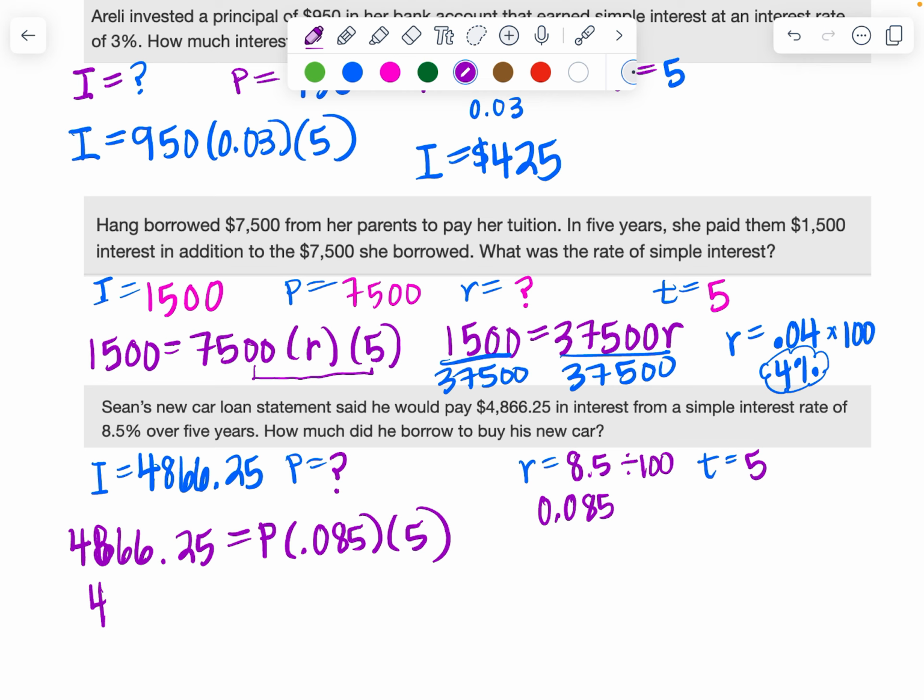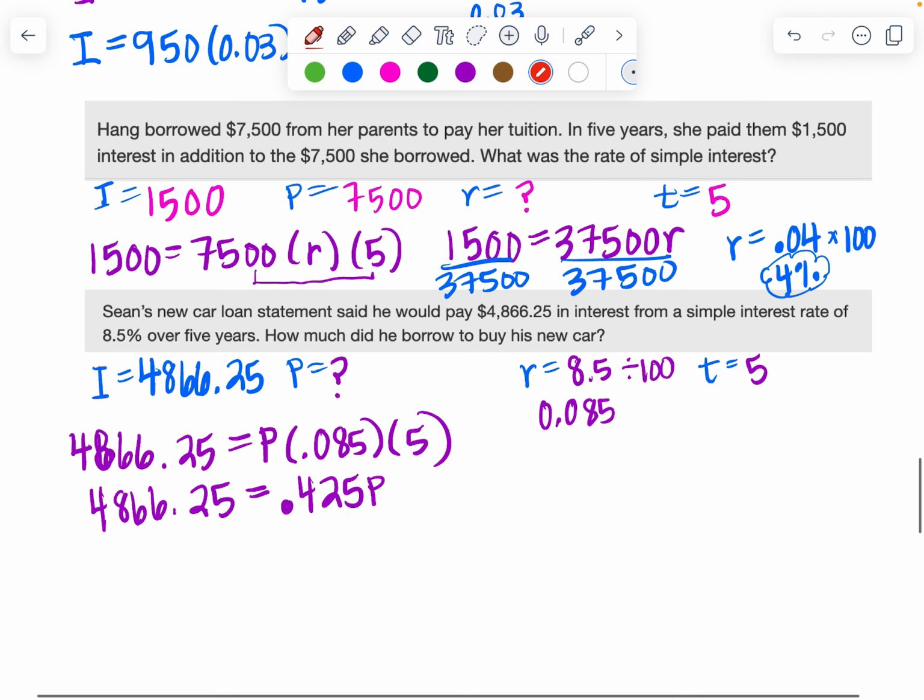Simplifying the right side by multiplying 0.085 times 5. That gives us 0.425, and we still have the P. And then getting P by itself, we'll divide both sides by 0.425.